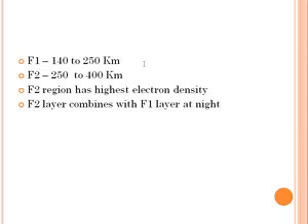F2 region is the highest region having the highest electron density, and F2 region combines with the F1 region during the night. So this F region is mainly responsible for the high frequency communication.